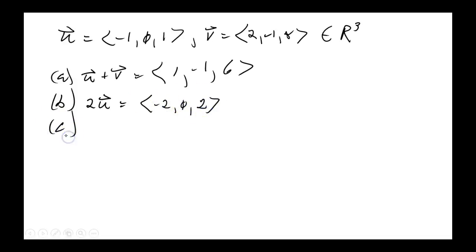C, V minus 2U. Got it. Okay. 4, negative 1, 3, negative 2, 0, 2, and 1, negative 1, 6. Perfect. All right.